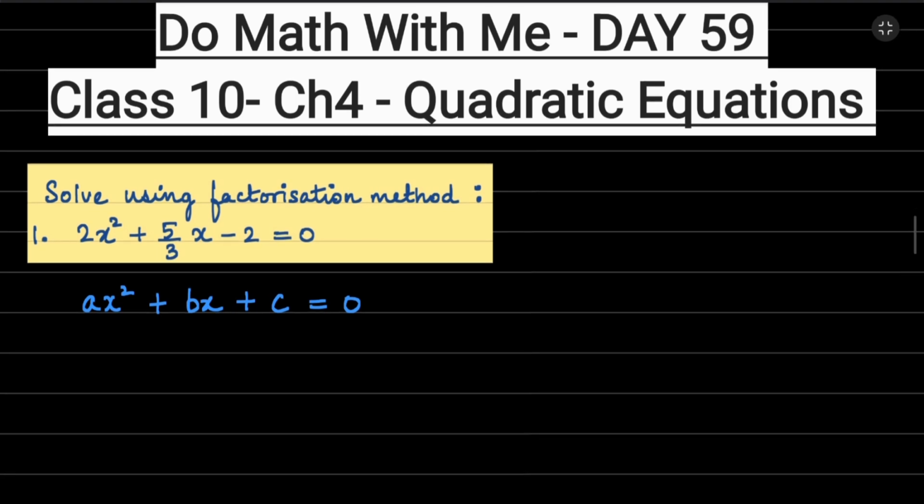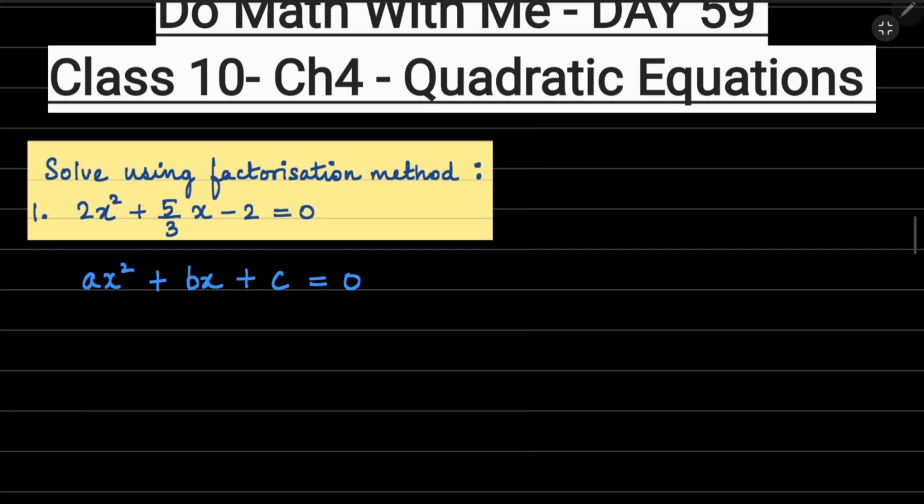Now, in this given question, that is 2x square plus 5 by 3x minus 2, one of the ways to remove the fraction, which is the coefficient of x, is to take the LCM. So, the LCM is 3. So, the first term would become, so this is like 2 by 1, okay, on either sides. So, 1 multiplied by what will give you 3? It is 3.